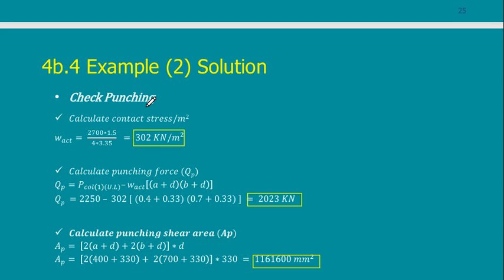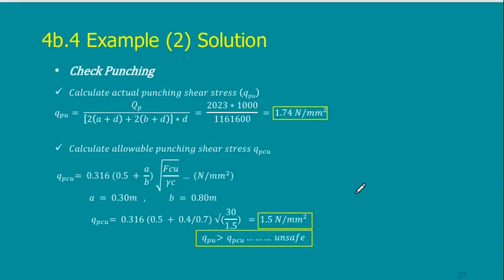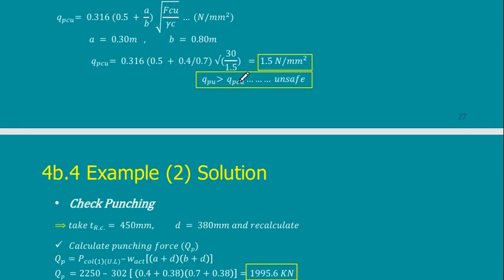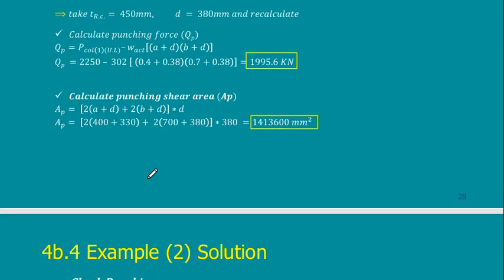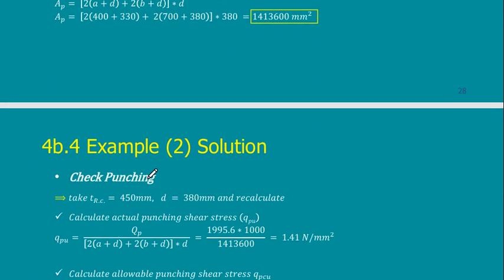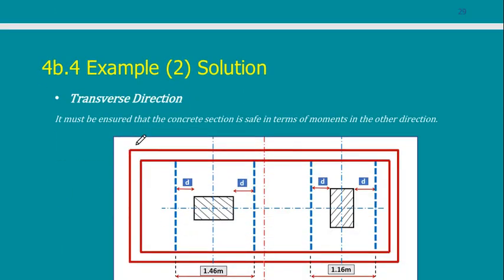If it is unsafe, similar to what we have done in the case of isolated footings, we are going to increase. This is the check of punching here, given in details. And based on my check of shear and check of punching, whether both are okay or not okay, I'm going to change the depth. Now I'm ready to design the steel.